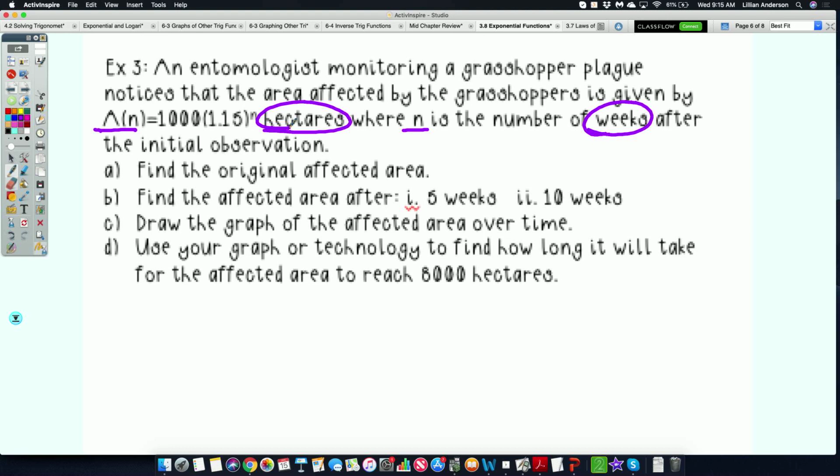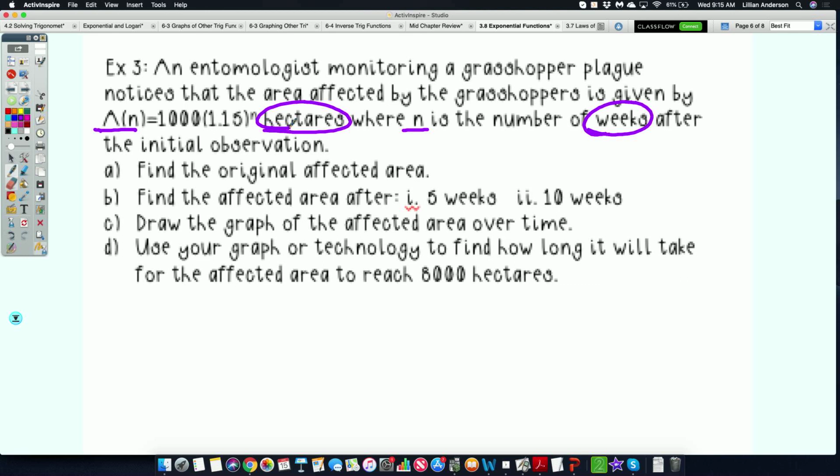Now, it's asking you to find the original affected area. How big was that? What's another way to represent original? N equals 0. It would be when n equals 0. Since A sub n represents the area, if we're looking for the original area, that means we're looking for the starting area, the initial area, how big it was before this plague took place.